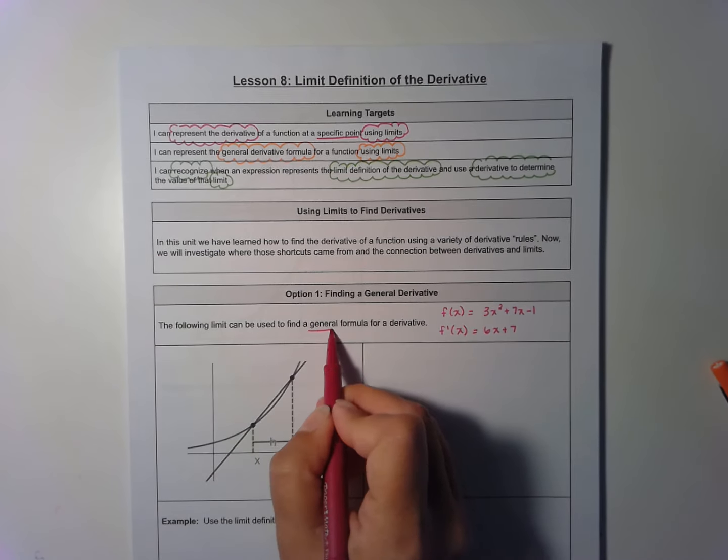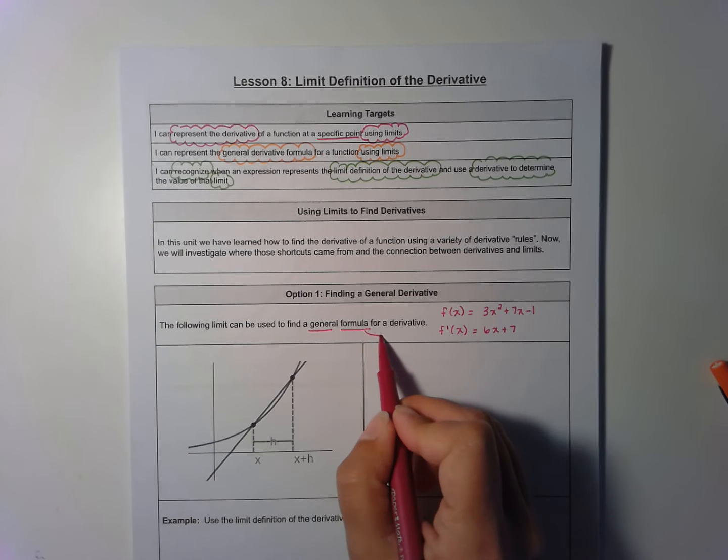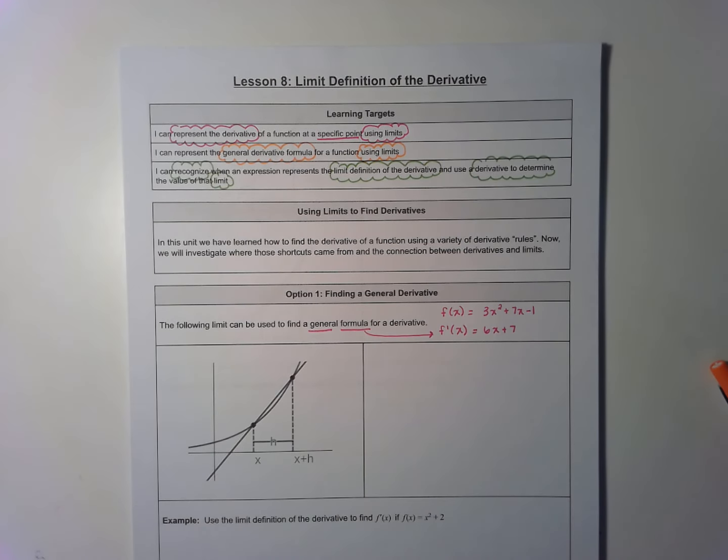And the reason we call this the general formula is because we didn't plug in a specific x value here. We could use this formula and plug in whatever x we want to get derivatives, but we haven't done that step yet. So this is the general derivative, and then if we did plug in a number, that would be the derivative at a specific value.